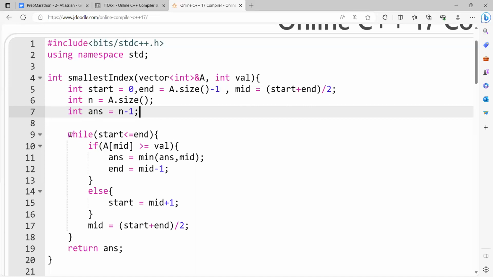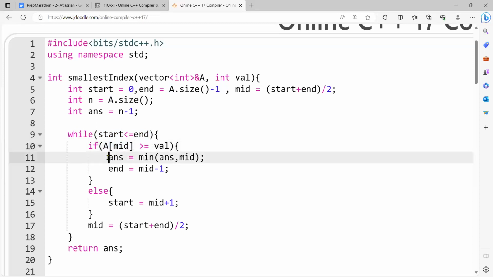Now, how does this binary search start? This is the basic condition for binary search: we'll continue till my start point is less than or equal to the end point. Now, what am I checking for? If my middle value is greater than or equal to the value I am looking for, then I'll consider that index.